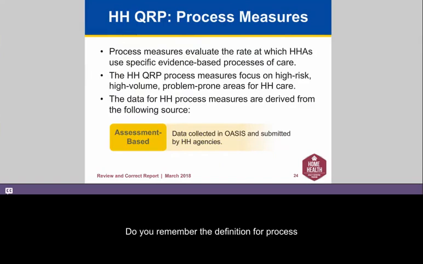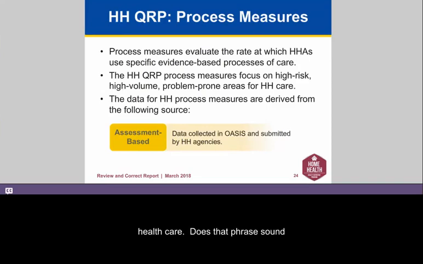Do you remember the definition for process measures? They evaluate the rate at which you have used specific evidence-based processes of care. The QRP process measures are focused on high-risk, high-volume, problem-prone areas for home health care. Does that phrase sound familiar?